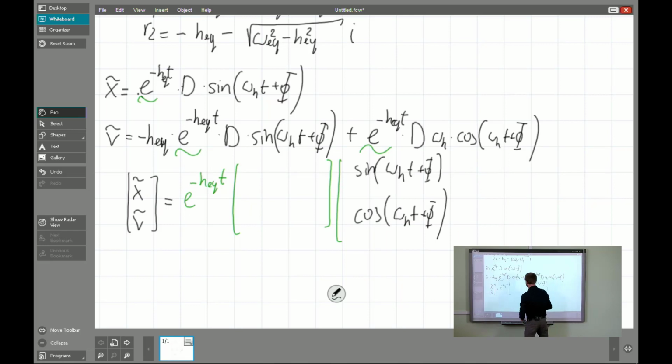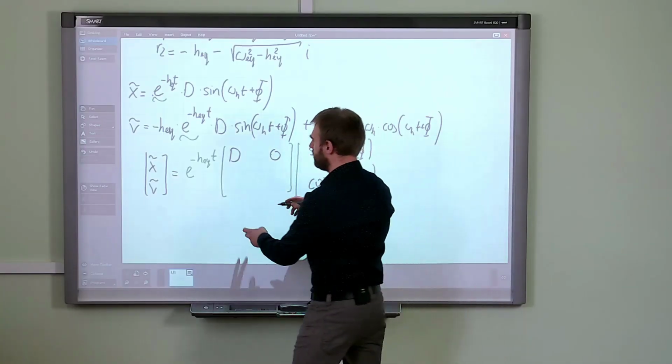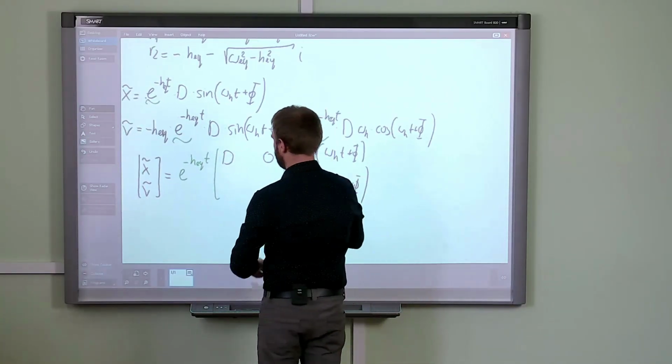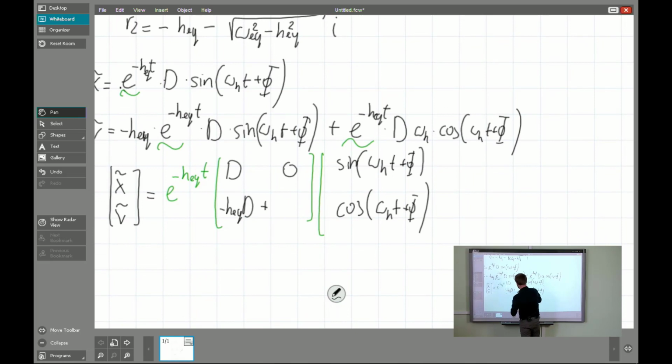And what do we have as the filling of that matrix? Here we have d0, because in the first equation we don't have any cosine component. And from the other hand, we have minus equivalent h d plus, sorry, of course not plus, it's the last component of our matrix, d omega h.